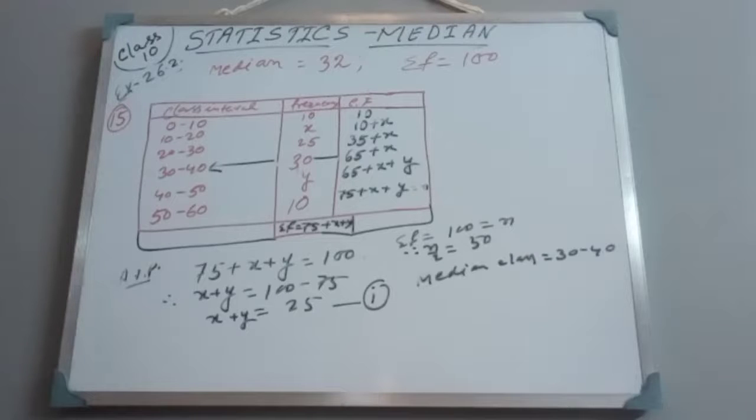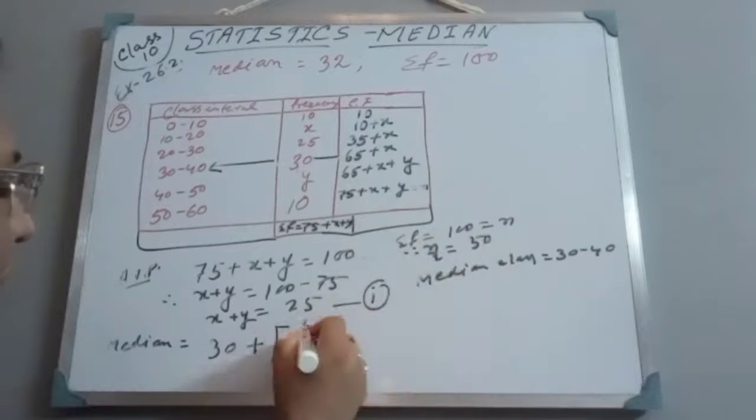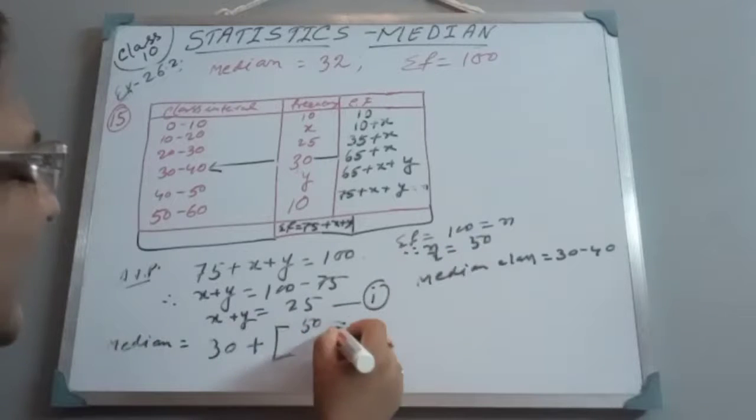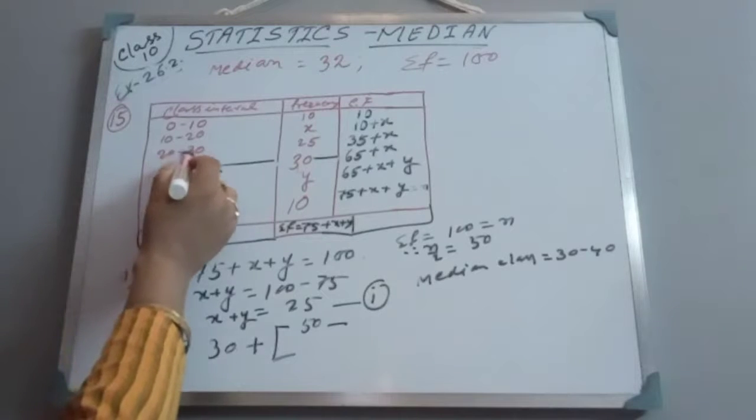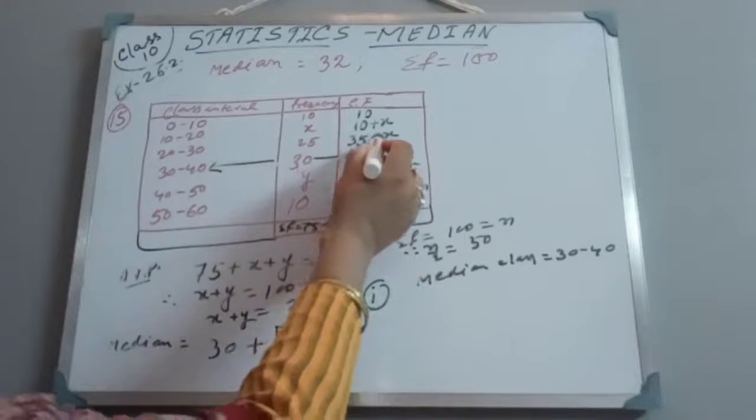Now let us find the median according to the formula. Median is equal to L plus n by 2 minus CF, divided by f, into h. What is the lower limit of the median class? That is 30. n by 2 we know is 50, minus CF, the cumulative frequency of the preceding class. Preceding class is 20 to 30, its cumulative frequency is 35 plus x.